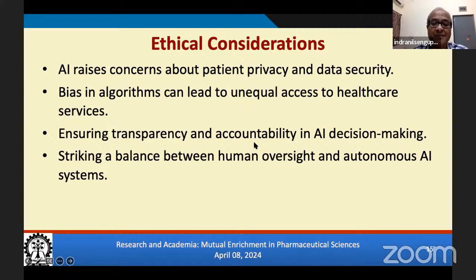Transparency and accountability. So we have to strike a balance between human oversight, which can happen if there is a human in the loop, and when there can be human errors, right? But if we have completely autonomous AI-based systems, there can be some flaw in the algorithm that also you do not want. You need a good balance between the two. Okay.